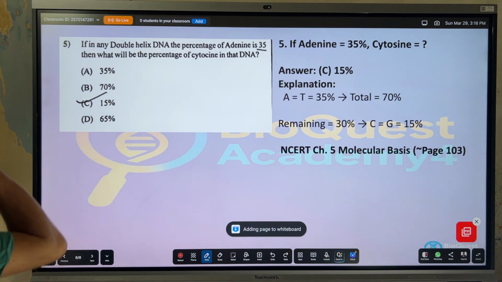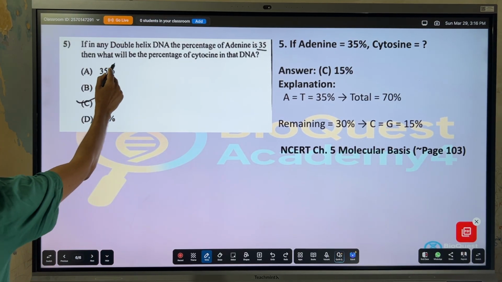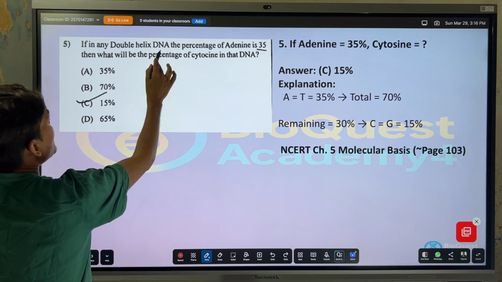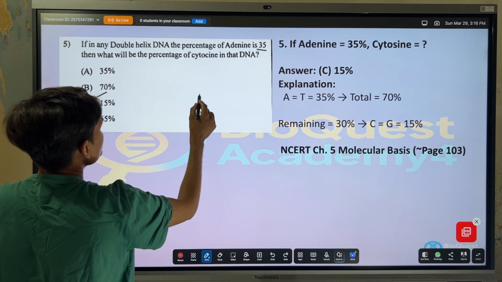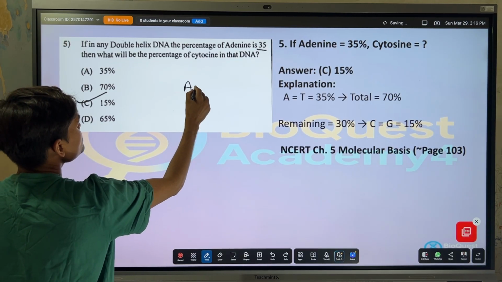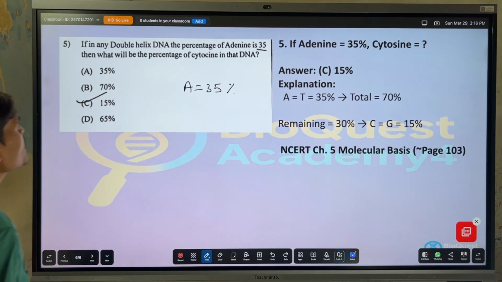Next question is very easy. Question number 5. Read the question. If in any double helix of the DNA, the percentage of adenine is 35, what is given? A is 35, but here it is percentage.